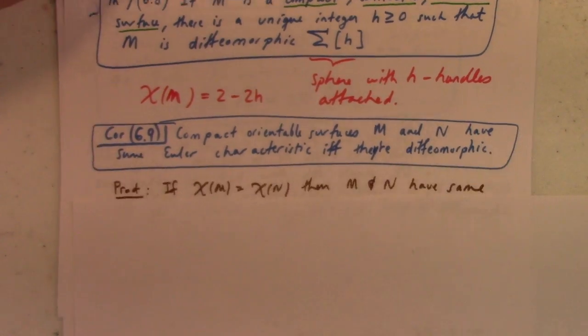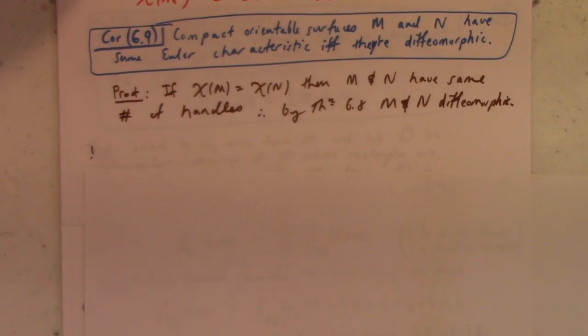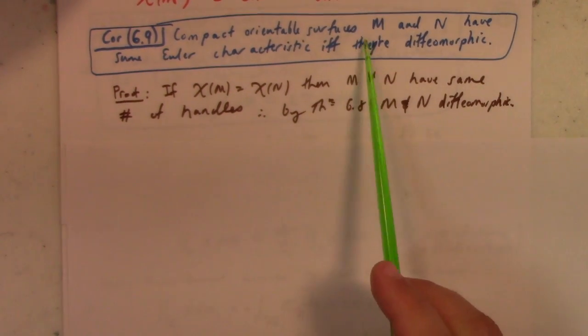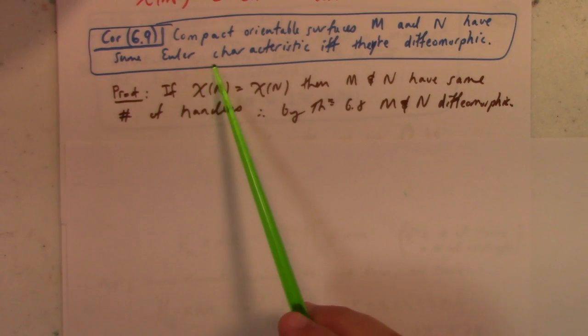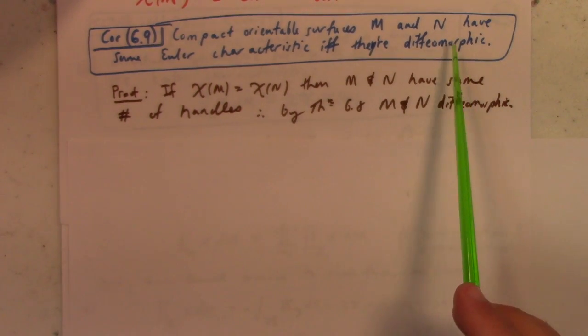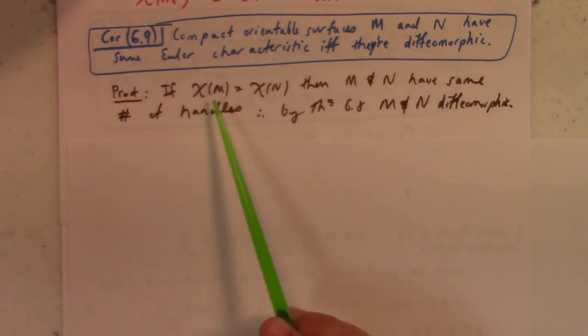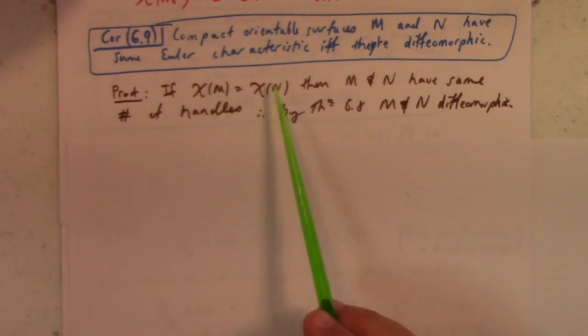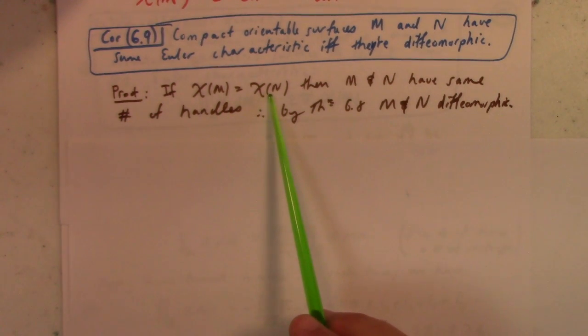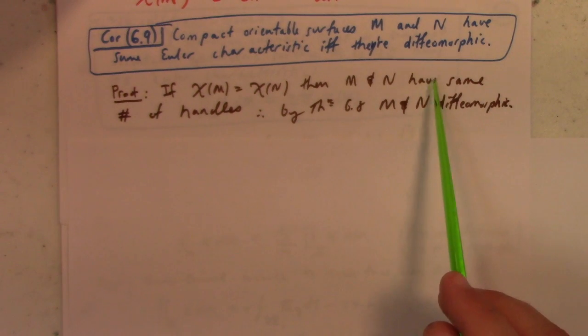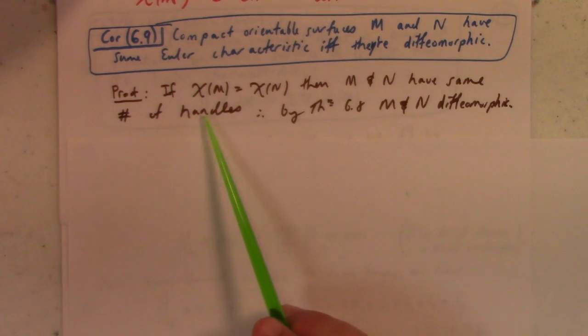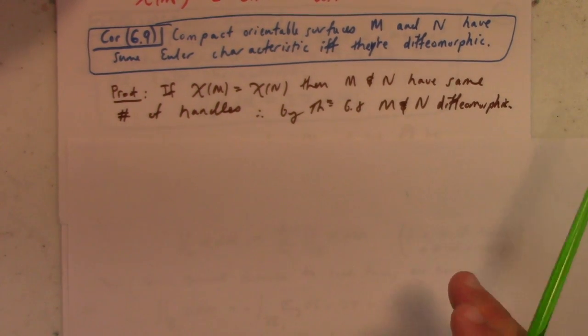Now, a corollary to that theorem is that compact orientable surfaces M and N have the same Euler characteristic if and only if they're diffeomorphic. So if the Euler characteristic of M is equal to the Euler characteristic of N, that means that M and N have the same number of handles. Then by theorem 6.8, M and N are diffeomorphic.